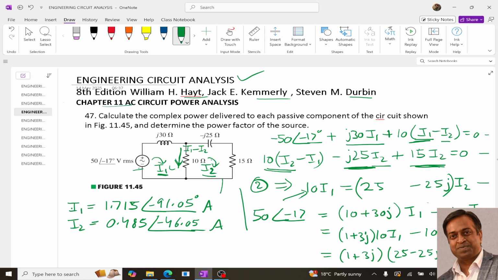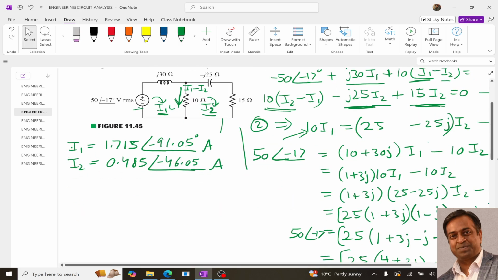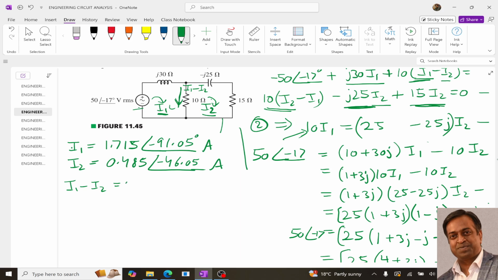So since we got I1 and I2, if you solve this, you will get the answer as 1.416, angle will be minus 105.54 amperes, right?